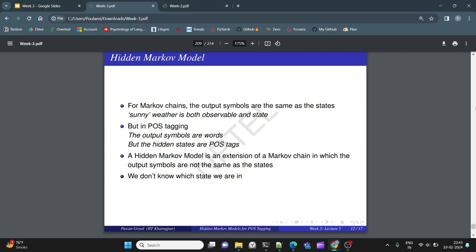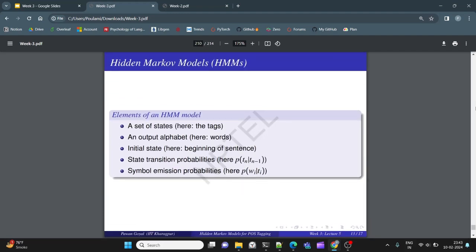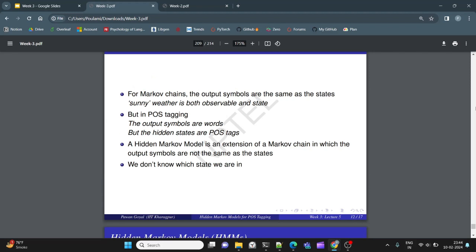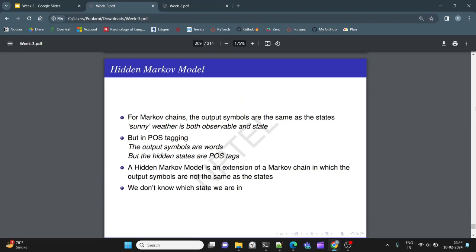In hidden Markov model, what do we have? When we talk about hidden Markov model, there are some states which are hidden and there is some output which is observable to everyone.